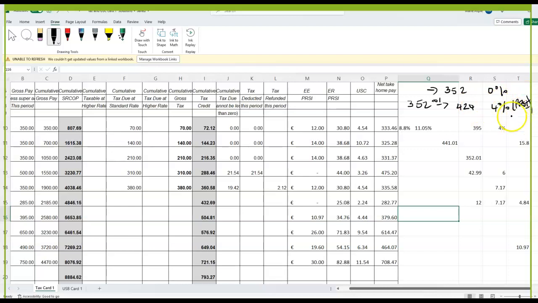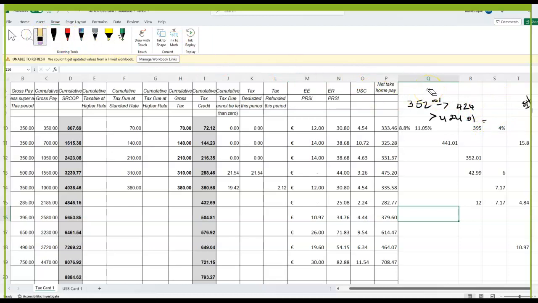That kicks in there. Anything greater than 424 is simply 4%. So realistically, that's what you're looking at for the employee PRSI. It's either nil, it is 4% with a credit, or if it's greater than 424 and 1 cent, it is just at 4%. So just remember the rules for that.